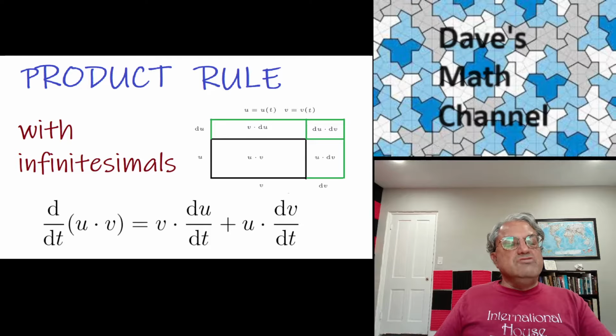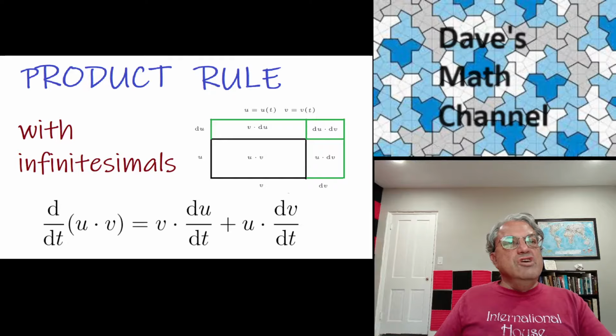So anyway, just imagine we have these two functions, u of t and v of t. And, you know, they both depend on time. So imagine that u grows a little bit. It grows by du. And du is supposed to be small. It's supposed to be infinitesimal. So now, let's compute the area of this big rectangle. Well, it says u plus du times v plus dv.